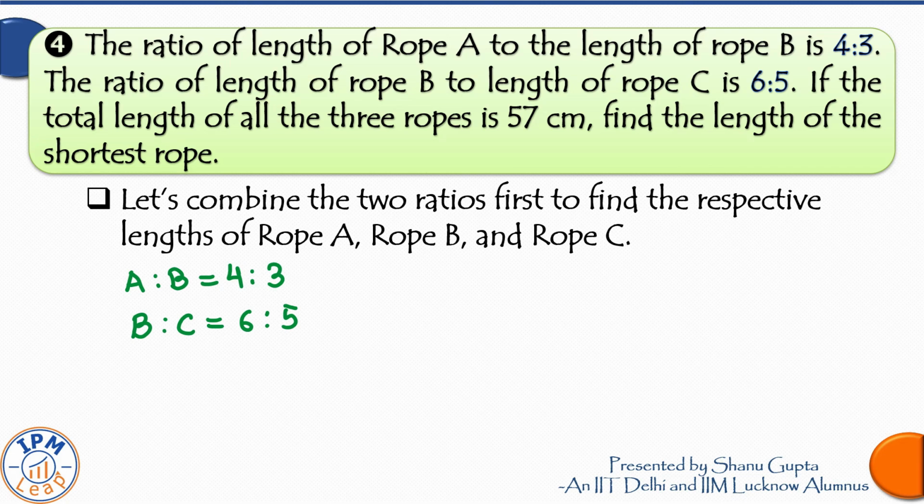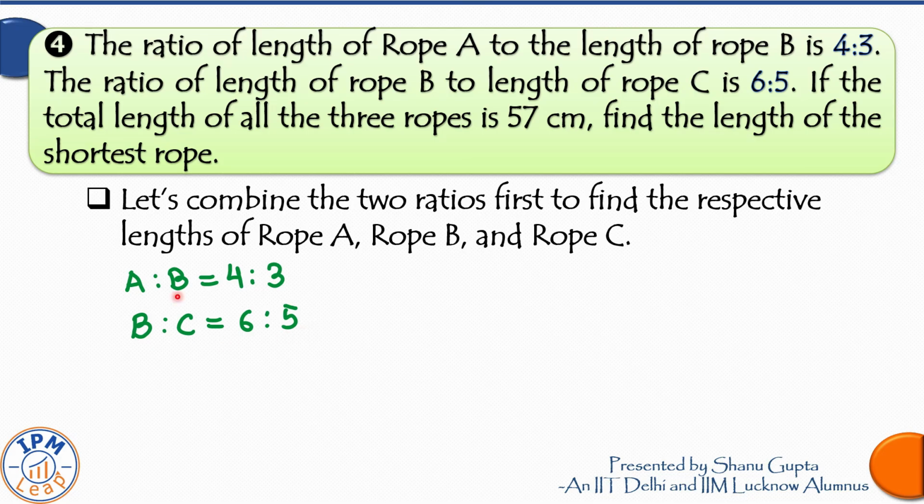But to use this condition, total length of all the three ropes is 57 cm, it would help if I have the combined ratio of lengths of all three ropes A, B and C. This question is very similar to question number 3 in that respect. So let us combine the two ratios first to find the respective lengths of rope A, rope B and rope C. A is to B is 4:3 and B is to C is 6:5.